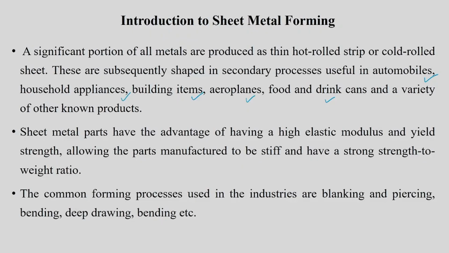The sheets are deformed using several sheet forming processes to make a particular shape. Permanent shape changes are allowed in that. These days we generally want a strong strength to weight ratio, so material selection and process optimization are done keeping in mind that strength to weight ratio is going to be important.